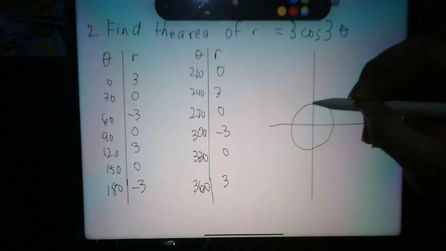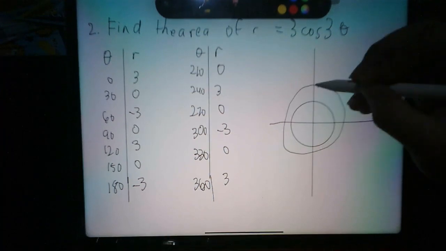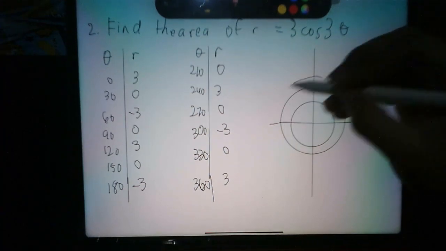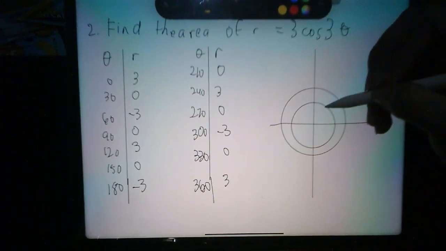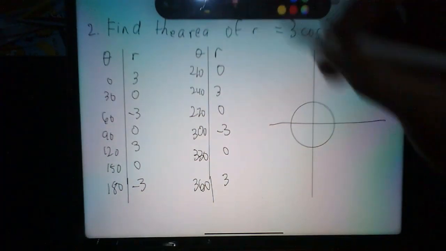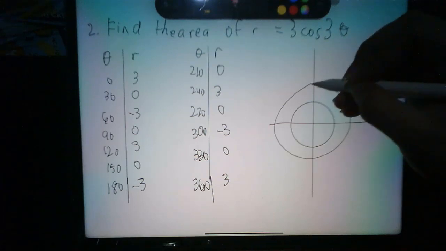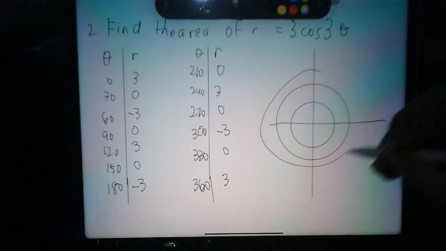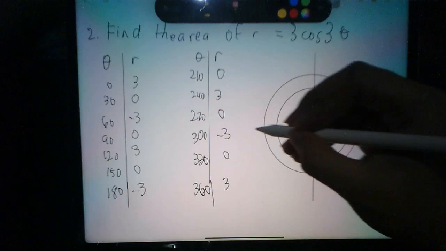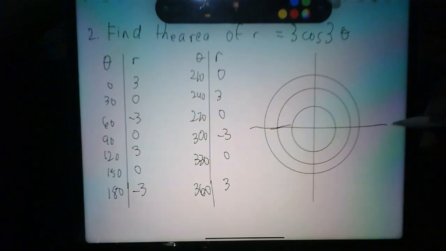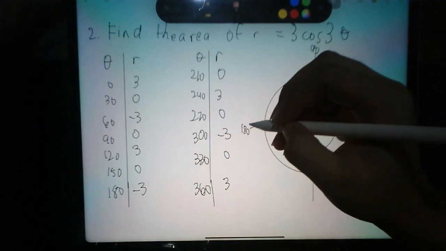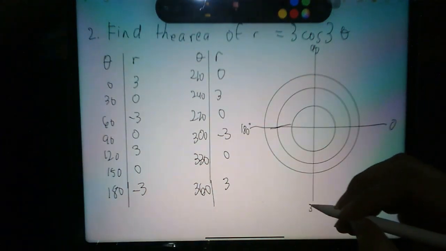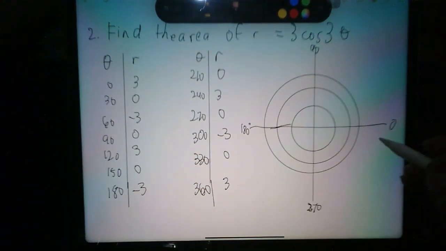Circle number 1, circle number 2, and circle number 3. So this is 0 degrees, 90 degrees, 180 degrees, and 270. I always forget that.